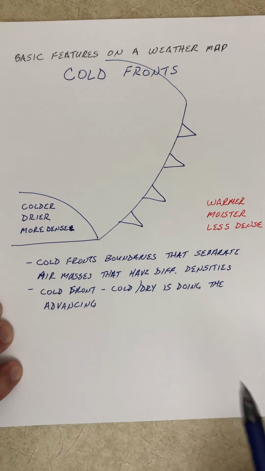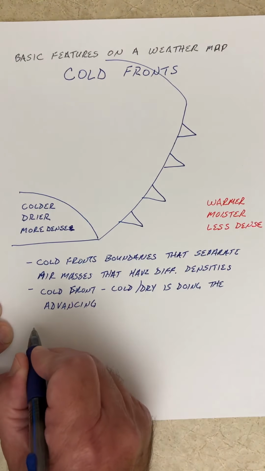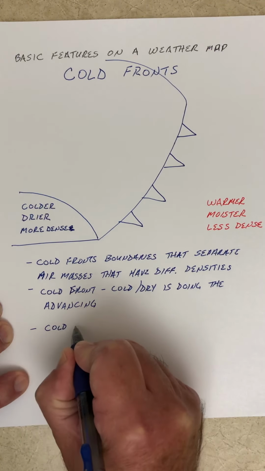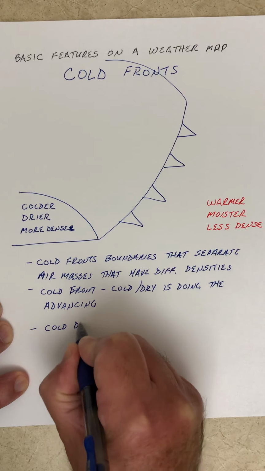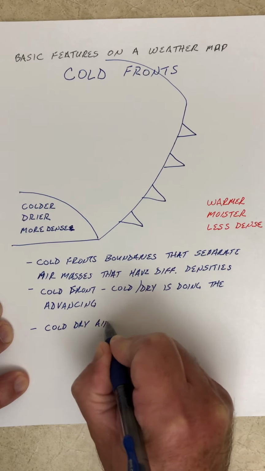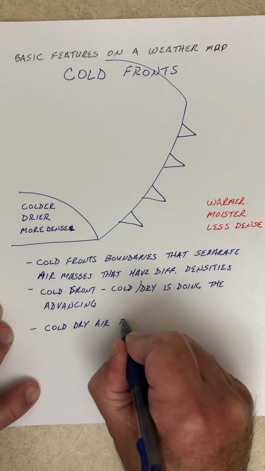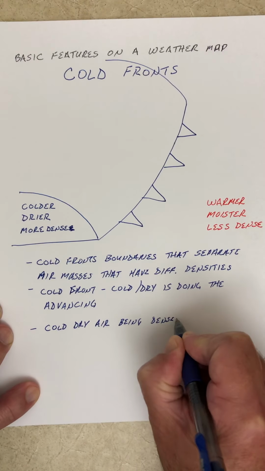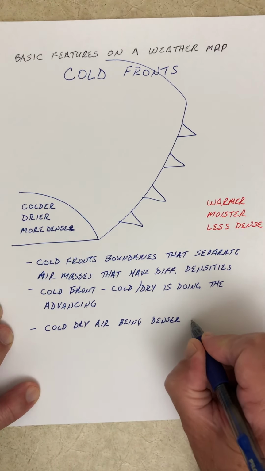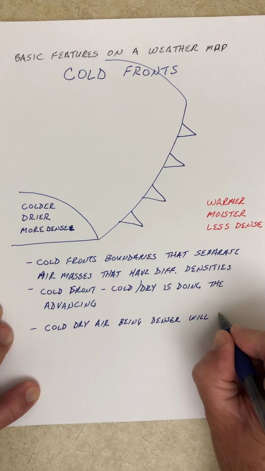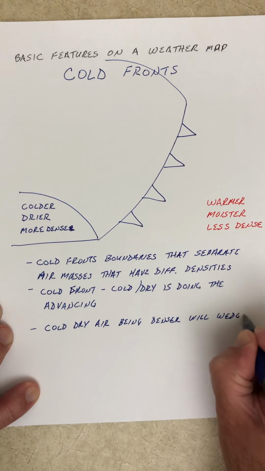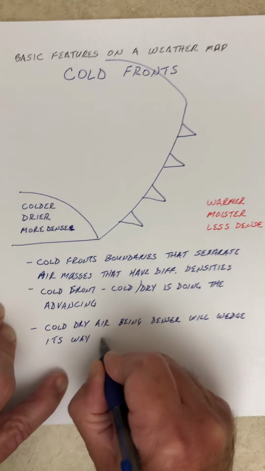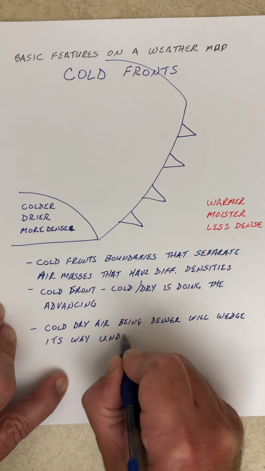Okay, and so with a cold front, then that cold, dry air, as it advances, being denser, will wedge its way under that warm, moist air.